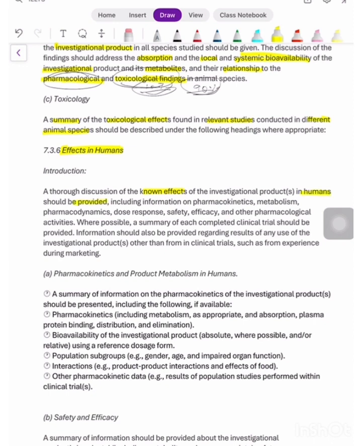Known effects means if that investigational product has any known effects, in previous other studies or anyone else's trial. For example, there were COVID-19 vaccines. There were many companies trying for COVID-19 vaccine approval at different times and different stages.